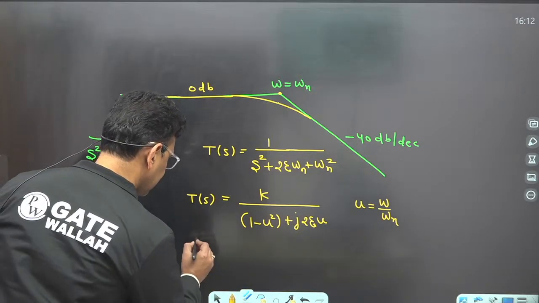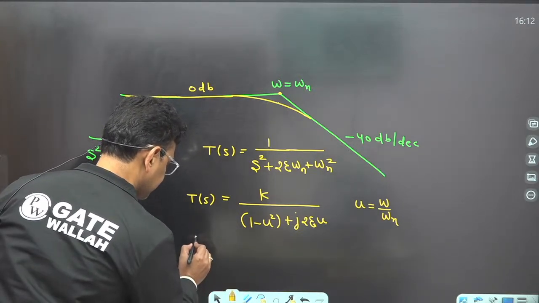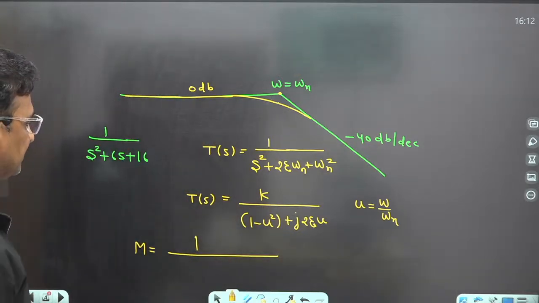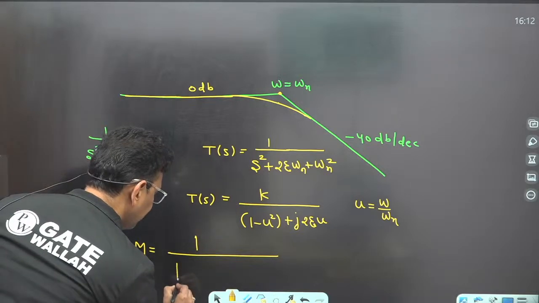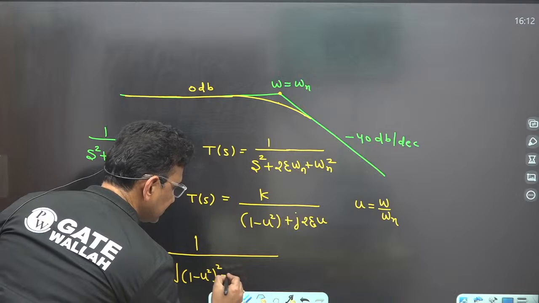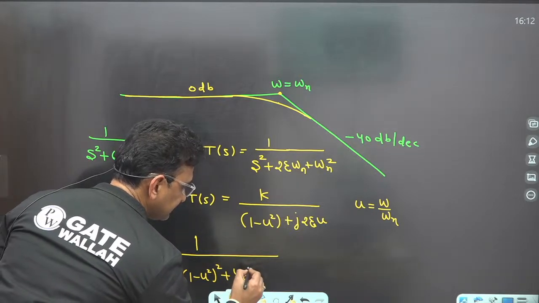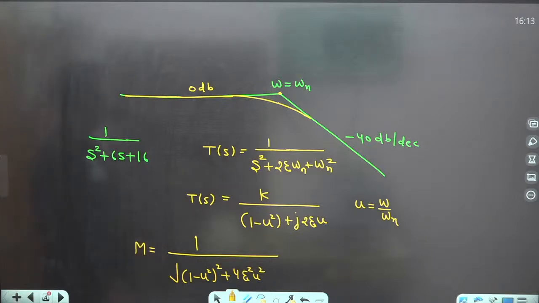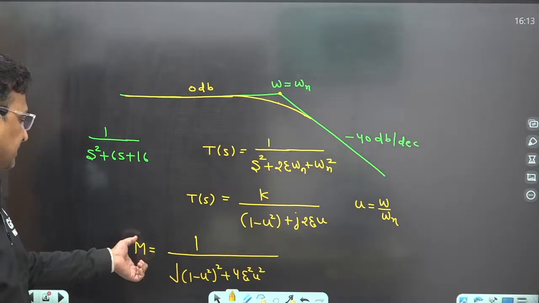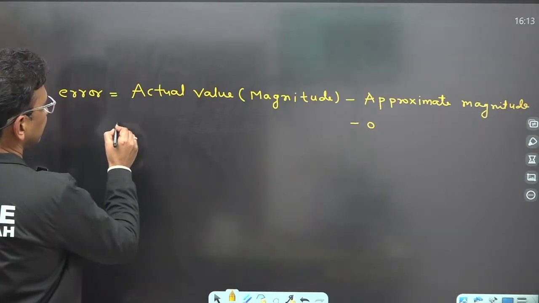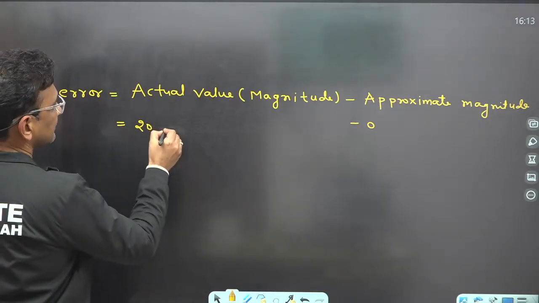Forget about this k because it will come under the general constant k. Clear? This is the magnitude, but we will find this magnitude in terms of decibel. So how to find the magnitude in terms of decibel? It will be 20 log.